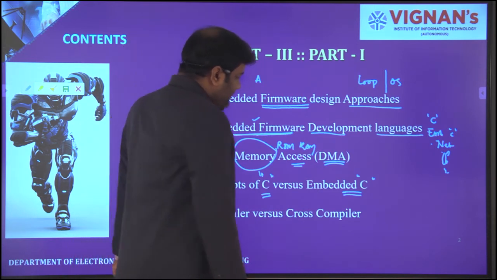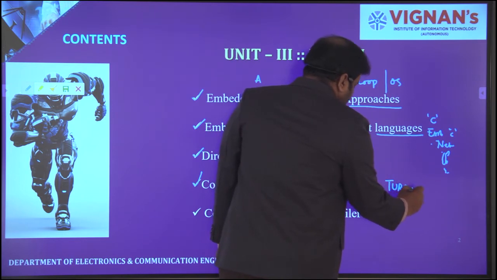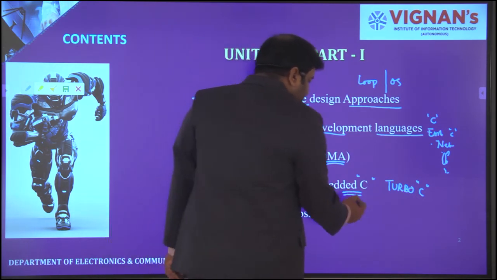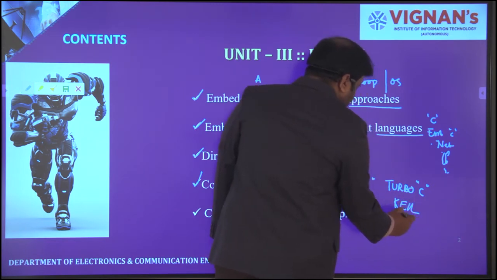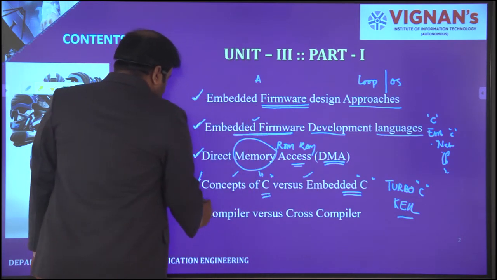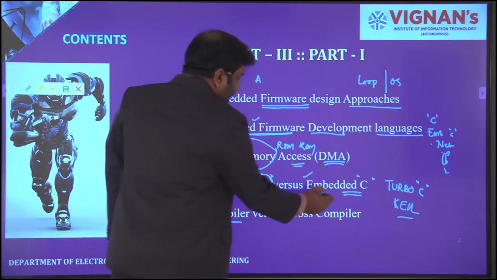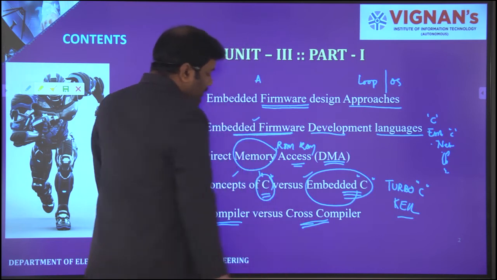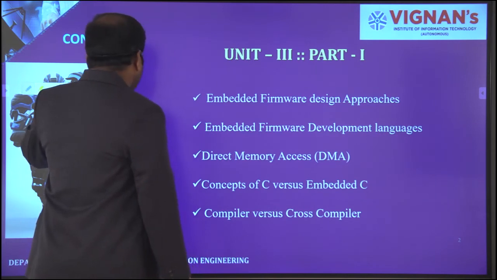For the C language, you are already familiar with C, and the software used to develop C code is Turbo C. If it is an embedded C program, that is Keil software, which will support implementing this embedded C. And which compilers are available to execute C language and embedded C language, and what are the differences between compiler and cross compiler, why we are using compilers and where we are using cross compilers. We'll have a look over here itself.